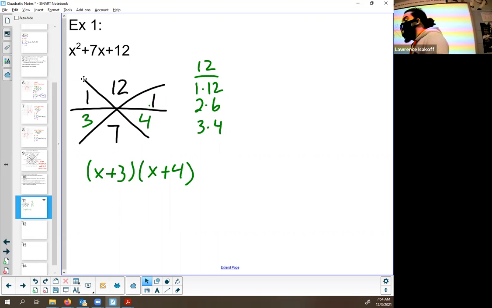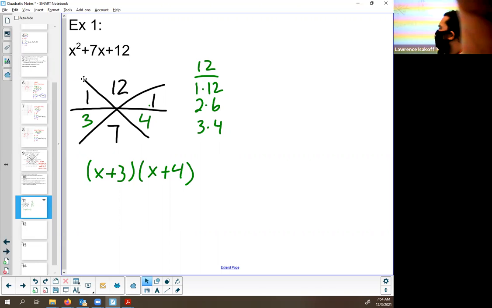However, I think with this, you're going to want to check it for a little longer and make sure you got it before we just say, oh, I'm good without checking, because this is a little bit more of a guess and check type process. You might not always find that first pair right away. Sometimes you might have to think a little bit and think through a couple different pairs before you get there.